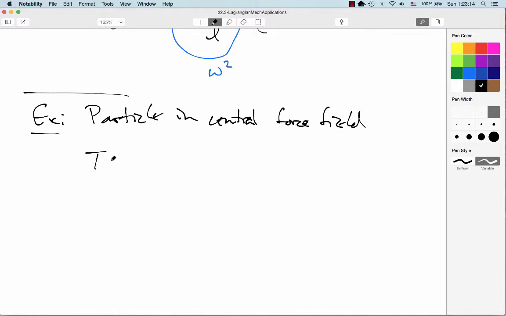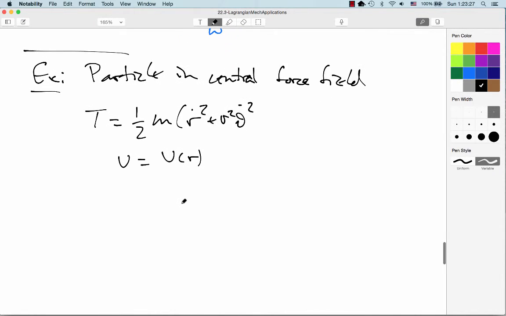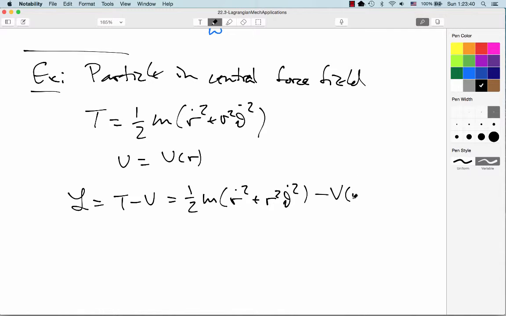So the obvious coordinates are r and theta. We got that T was 1/2 m, r dot squared plus r squared theta dot squared, and V was just some arbitrary V of r. So the Lagrangian is T minus V, is 1/2 m, r dot squared plus r squared theta dot squared, minus V of r.